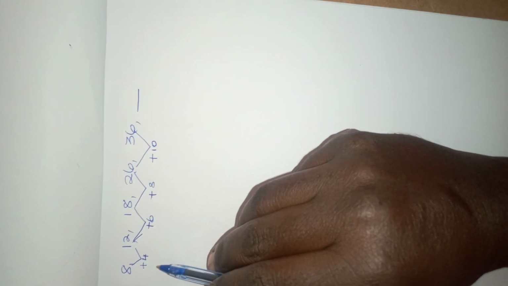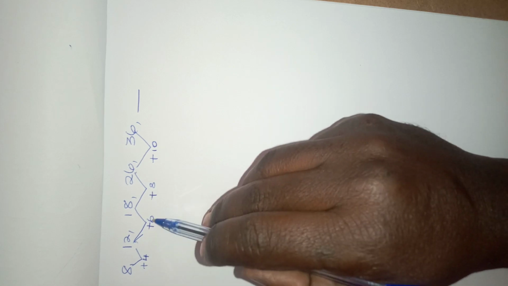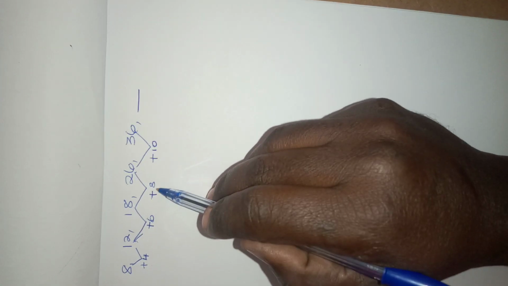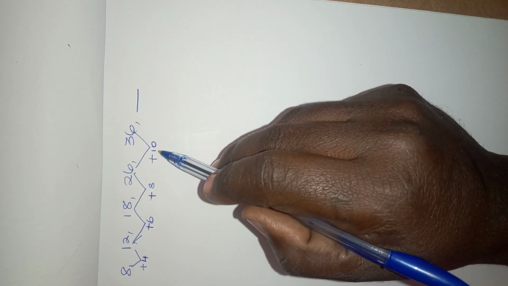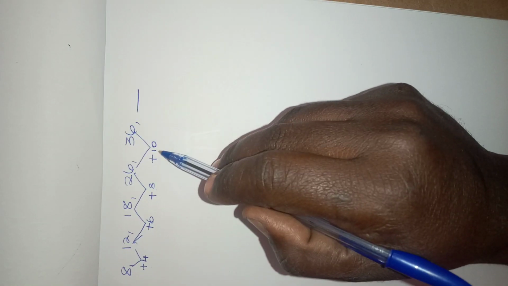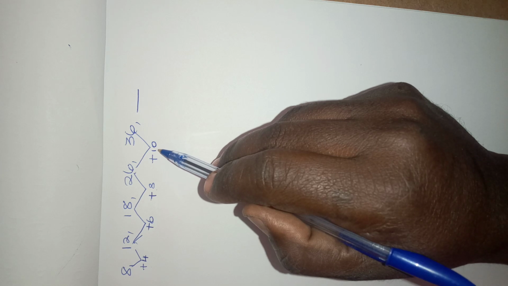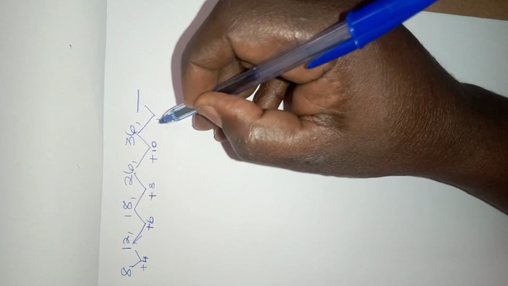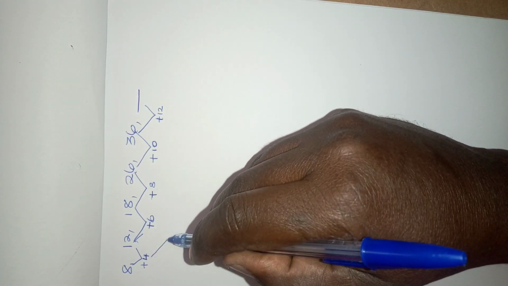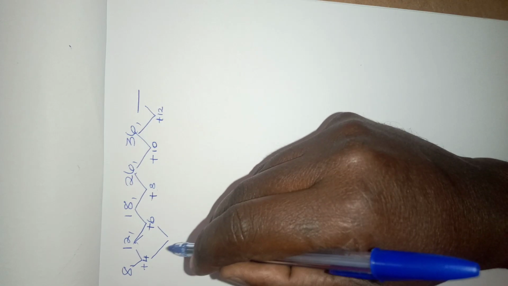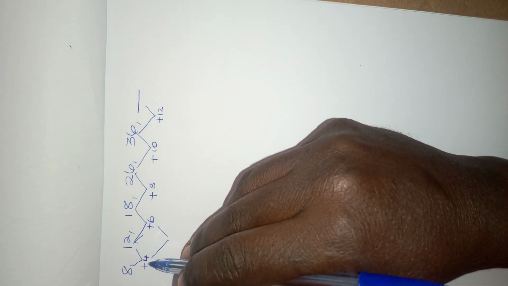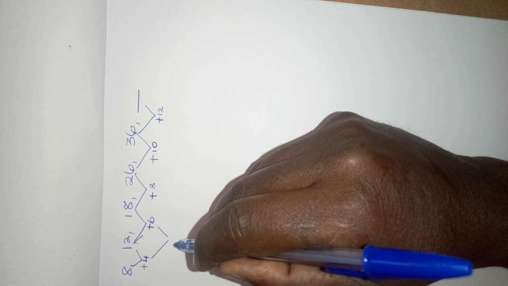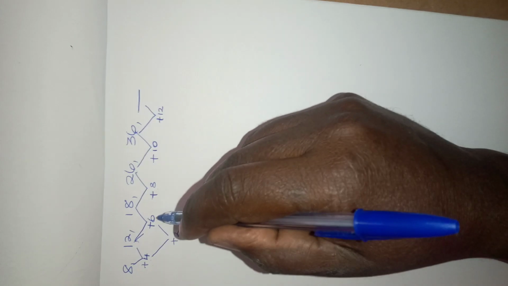Looking at the differences, we have plus 4, plus 6, plus 8, plus 10, and from here anybody can predict that the next difference will be plus 12. To make it easier to understand, we can break these items further and find the difference between 4 and 6, which is a plus 2.